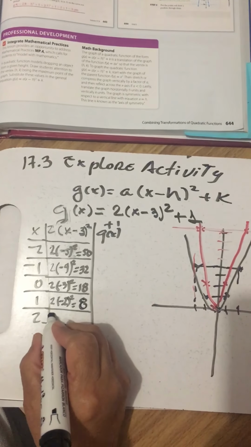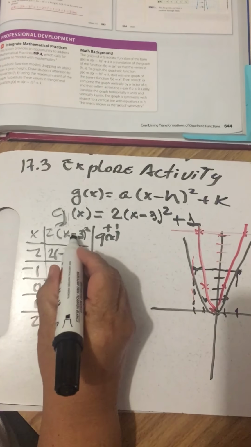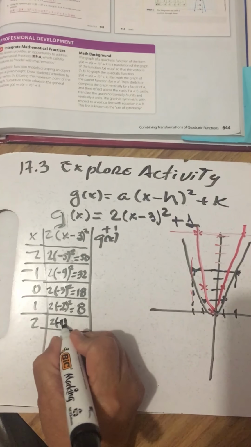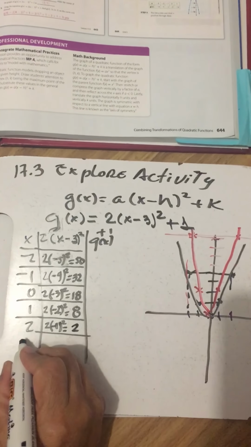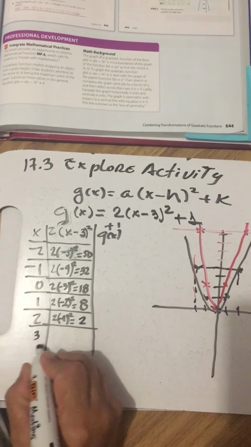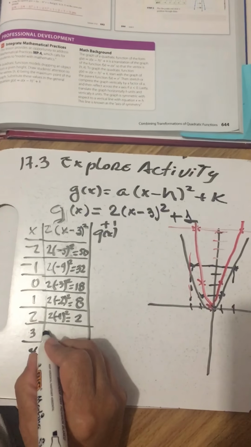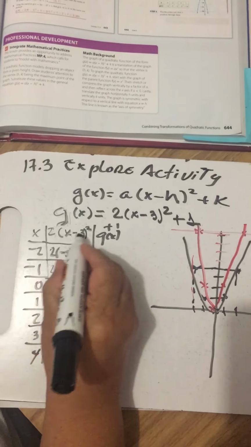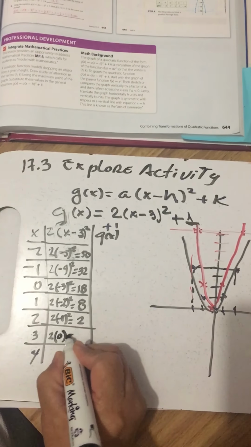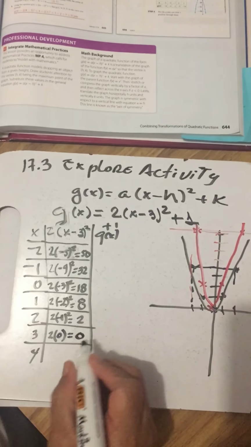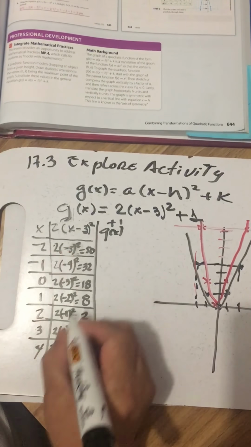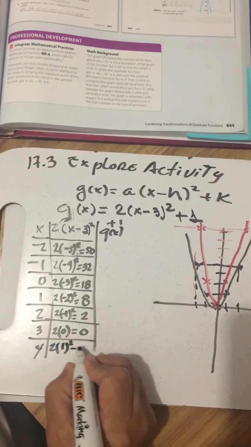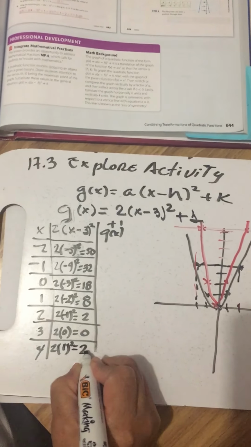Now 2 minus 3 is minus 1, the square is 1, times 2 is 2. And we continue: 3 minus 3 is 0, so we obtain 0. And 4 minus 3 is 1, the square is 1, times 2 is 2.